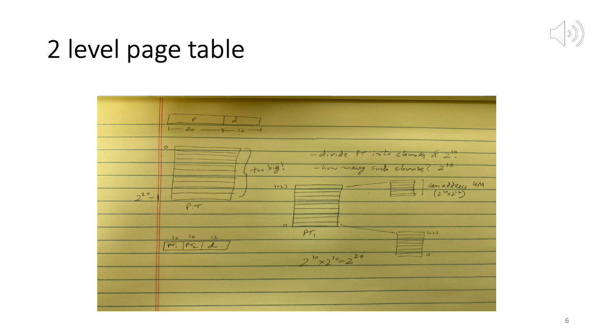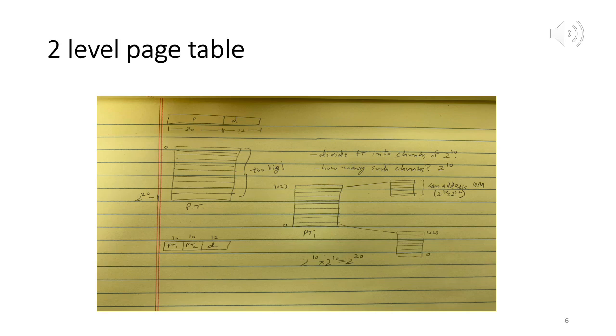So once again, given the logical address, we extract PT1 and using those 10 bits we can access all 1024 entries in PT1. We use the highest order 10 bits as an index into PT1, and we get the starting address of the second level page table.